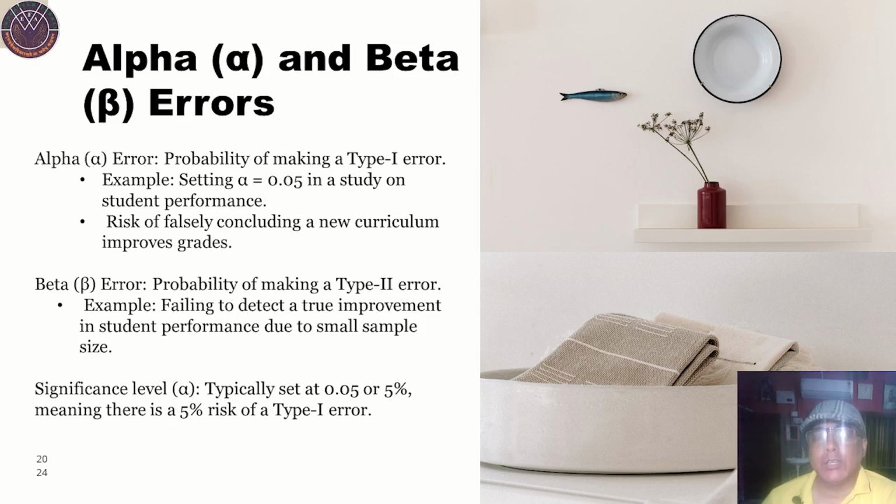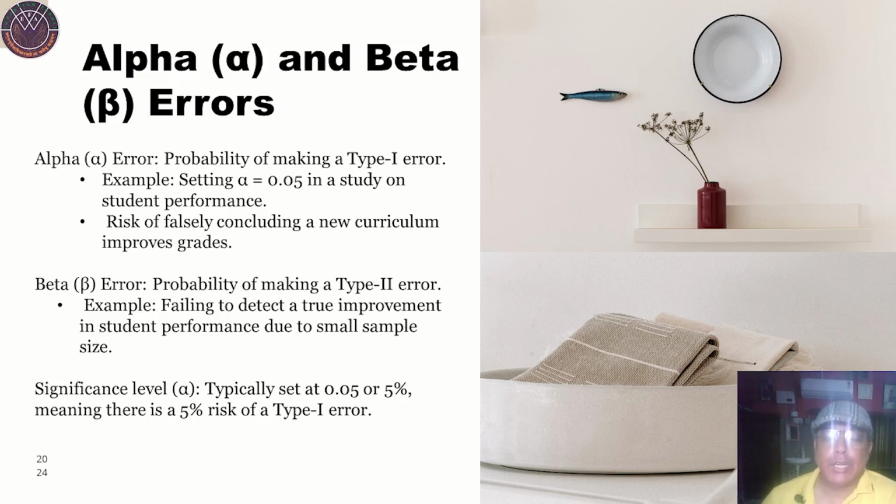So whenever you are checking the table value, you are referring to the table value at 0.05 level. That means when you are 95% sure that there is a difference, only then you should reject the null hypothesis. So alpha is the level or chance of committing type 1 error.